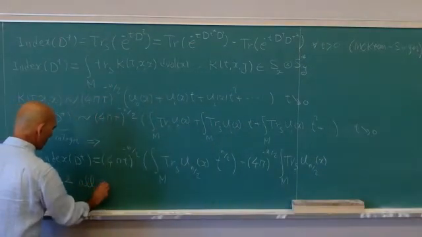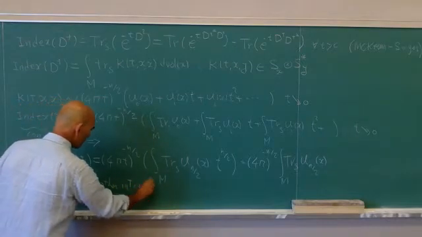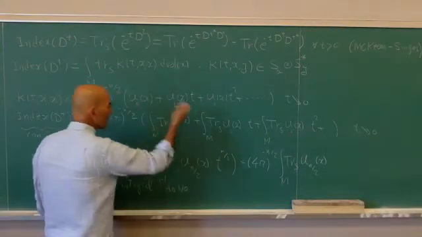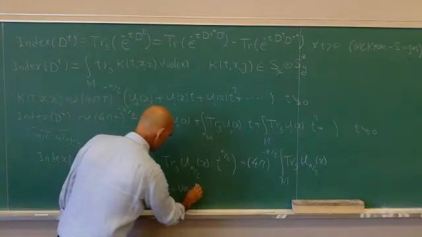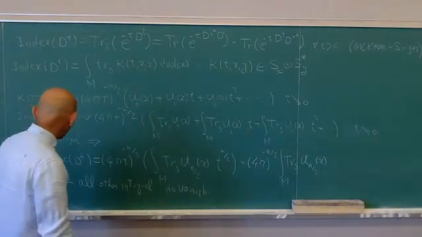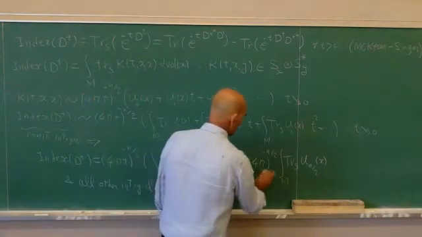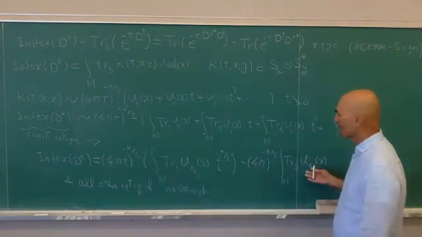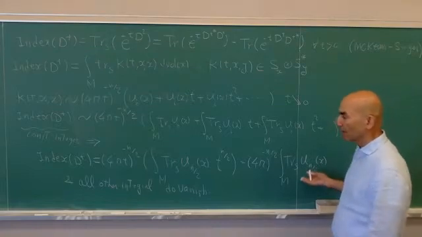I mean, all other integrals should vanish. I mean, do vanish. Okay, so this index of D plus is equal to that expression. It looks like a huge progress because now we have a candidate for the integrand of the index formula.